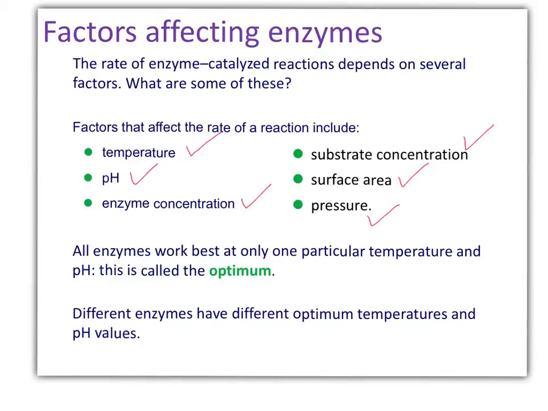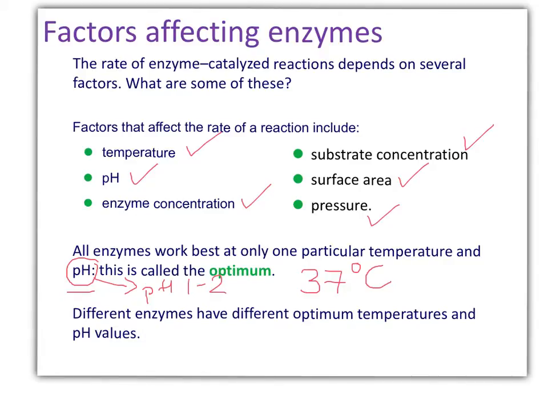Now, enzymes that work in the body are going to work well at 30 degrees C, okay, because that is body temperature. Now, depending on whereabouts the enzymes work or where they're catalysing reactions will depend on the pH. So, for example, an enzyme that works in the stomach is probably going to have an optimum pH of maybe 1 to 2.